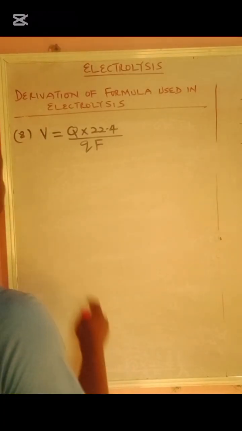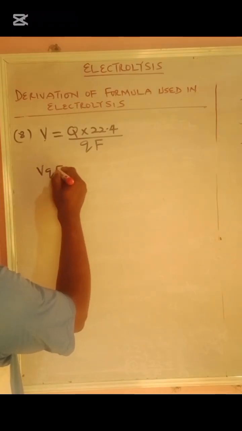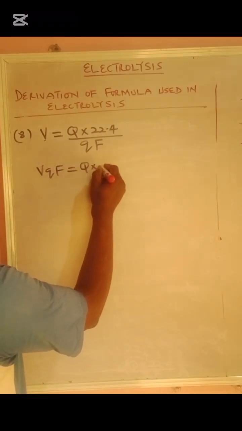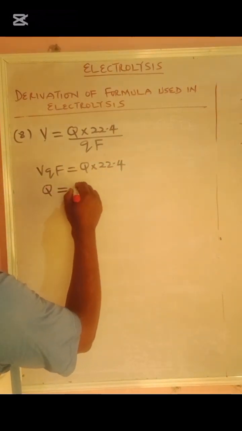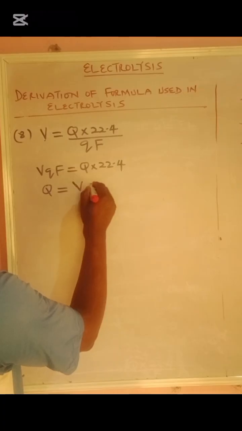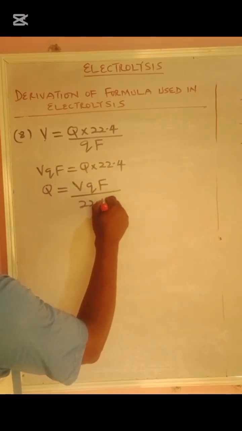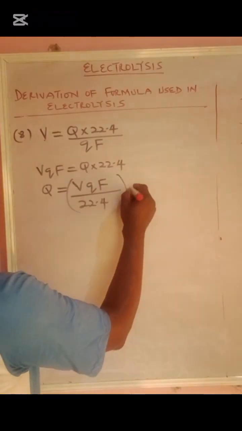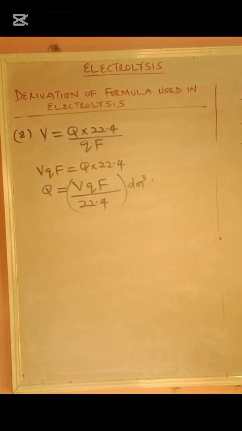We have VQF is equal to Q times 22.4. I want to make Q the subject of the formula. Q now will be volume times QF divided by 22.4, which will now be in dm³ and cm³. Take note that I've made Q the subject of the formula.